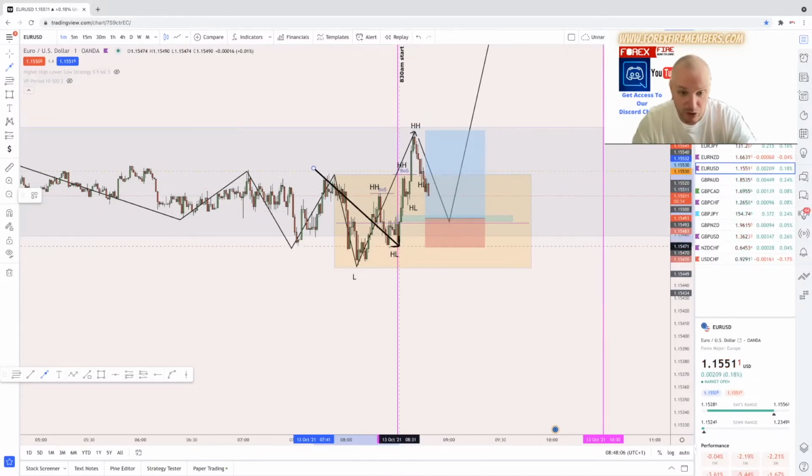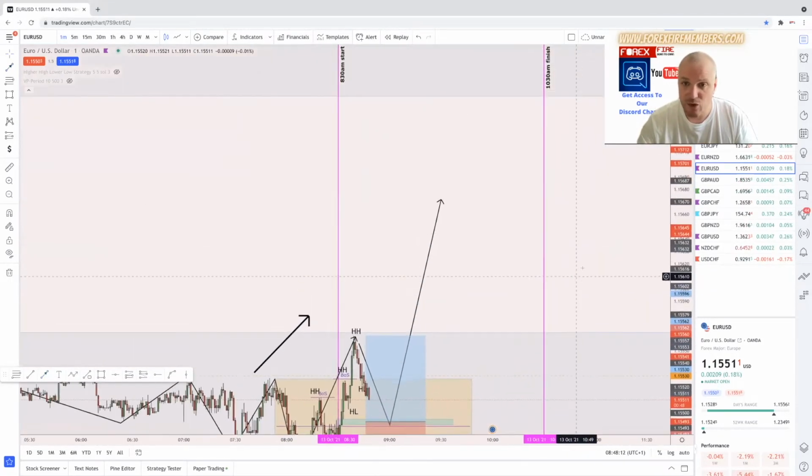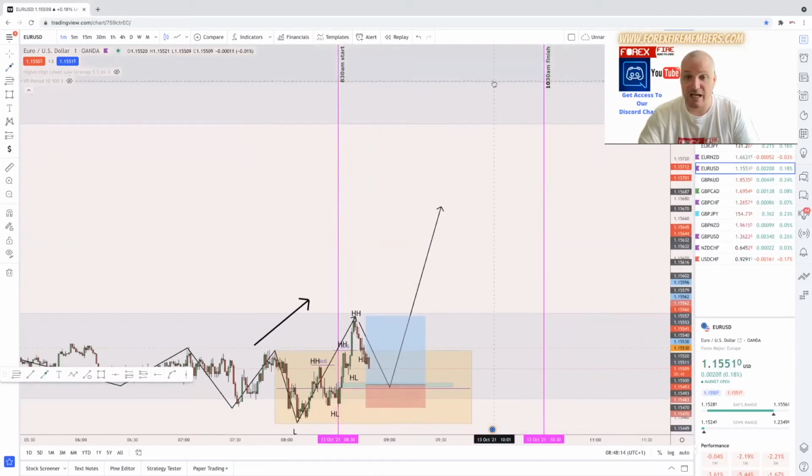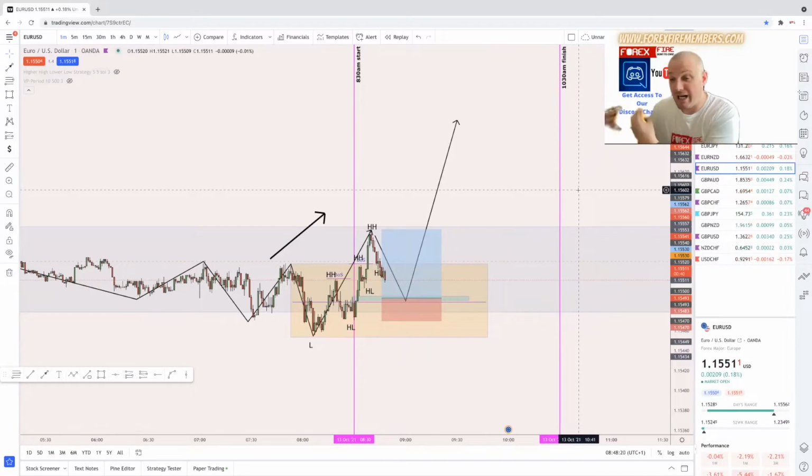We could push a bit lower, but my anticipation for price at the moment is to move up to this higher side, which I hope it does overall today, because we are in on a higher time frame entry. It's a longer term trade.